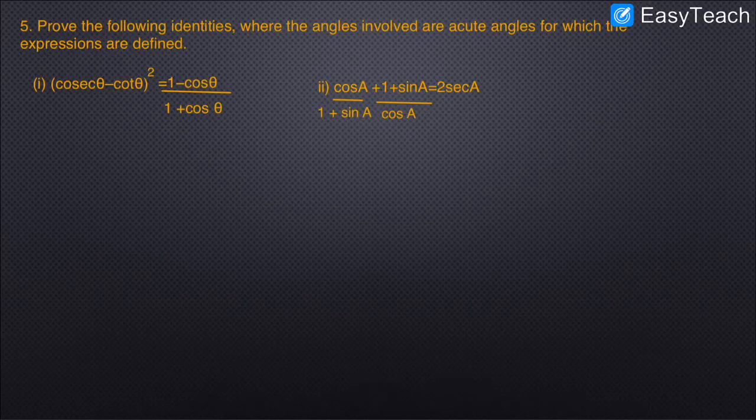So you can cancel 1 minus cosecant A plus cot A, 1 minus cosecant A plus cot A. So the remaining are cot A plus cosecant A, which is LHS equal RHS.